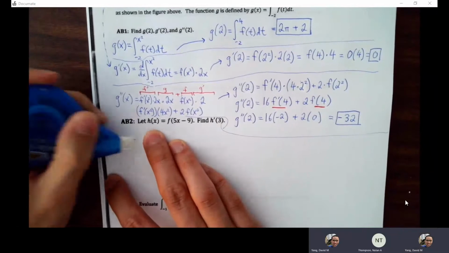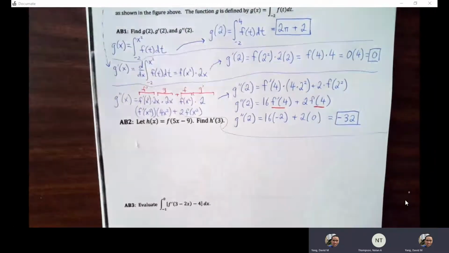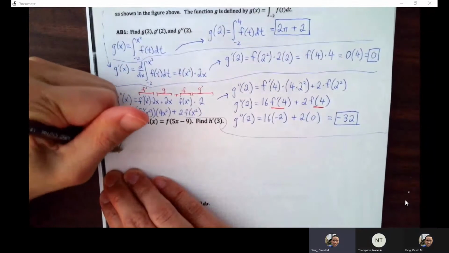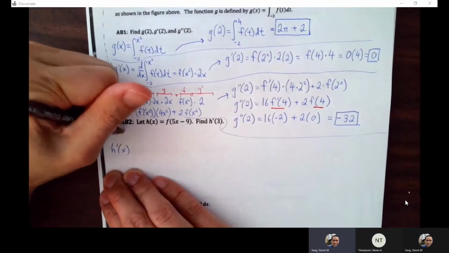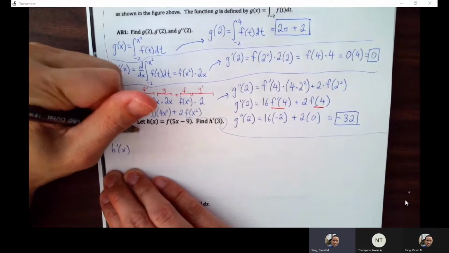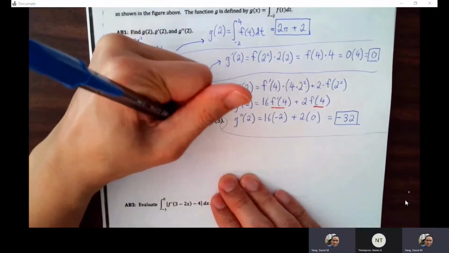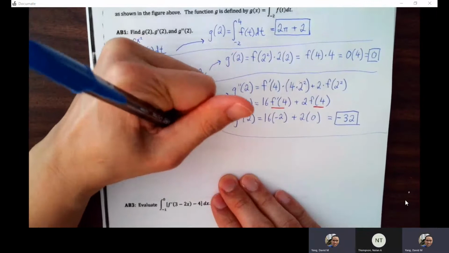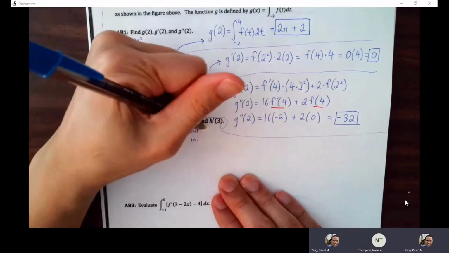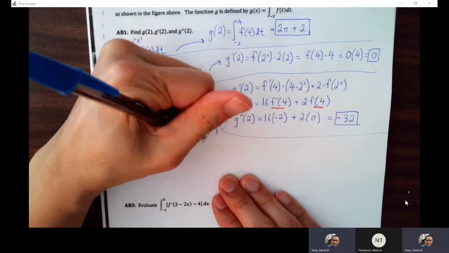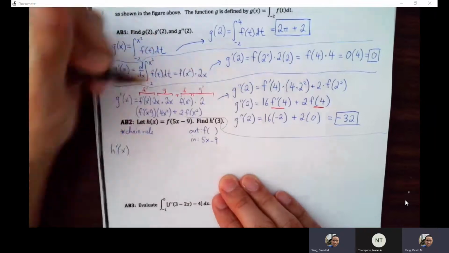Chain rule? Yeah, chain rule. So there's an outside portion and an inside portion. Outside is the f parentheses, and the inside is the 5x minus 9.